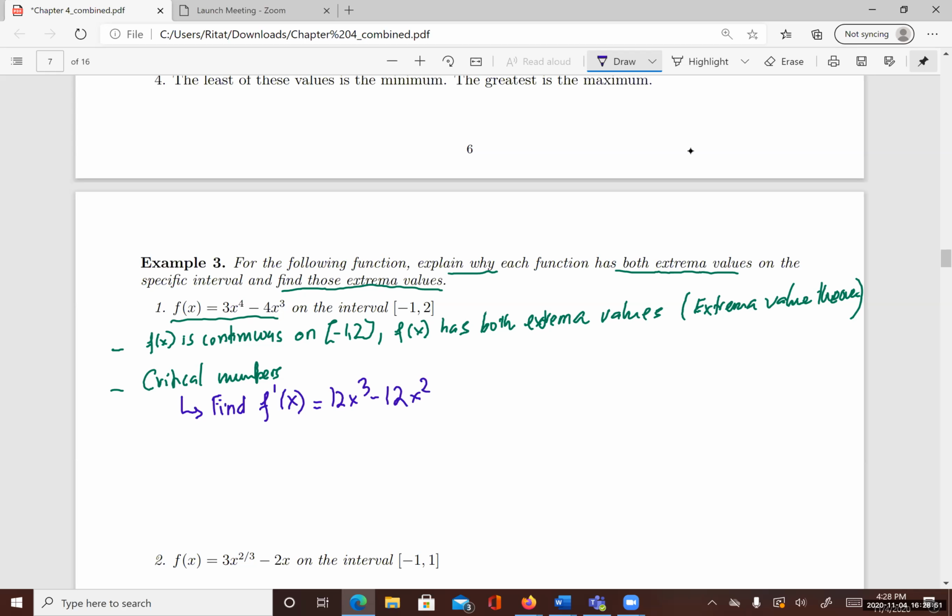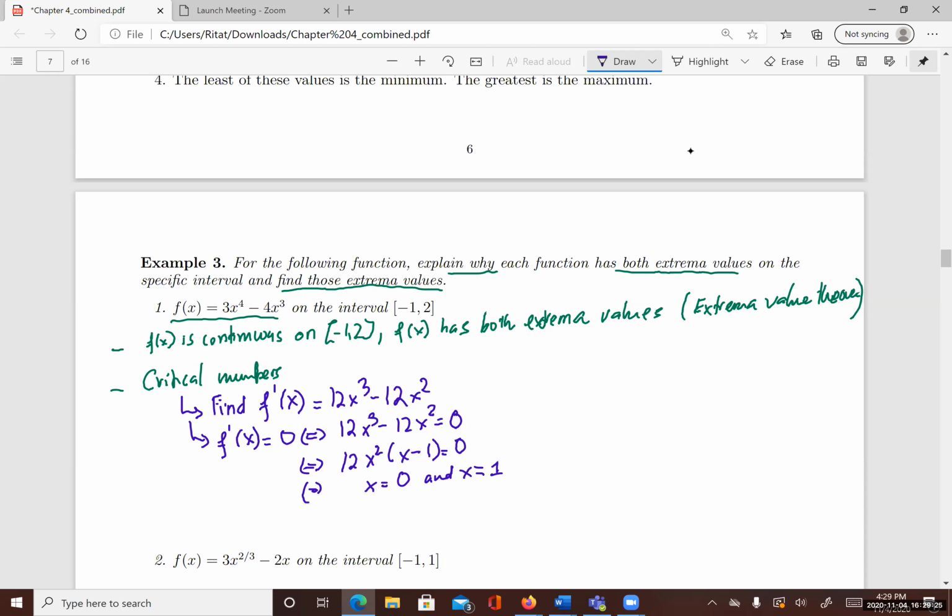Then we set f prime of x equal to 0 to find critical numbers, meaning 12x cubed minus 12x squared equals 0, which factors as 12x squared times (x minus 1) equals 0.